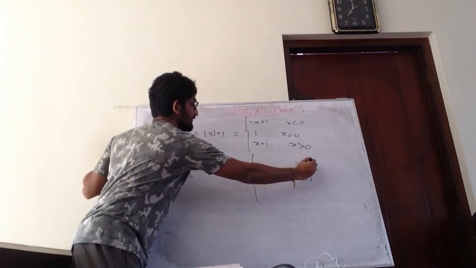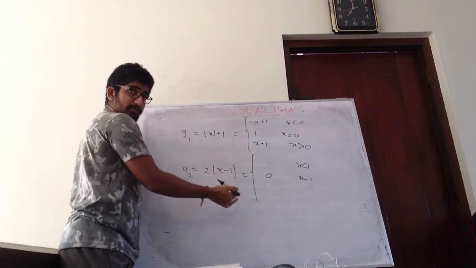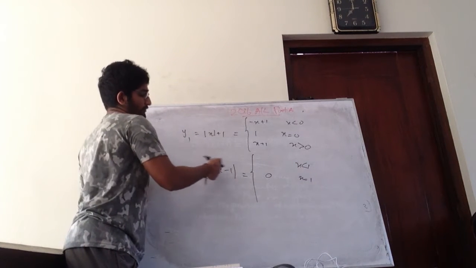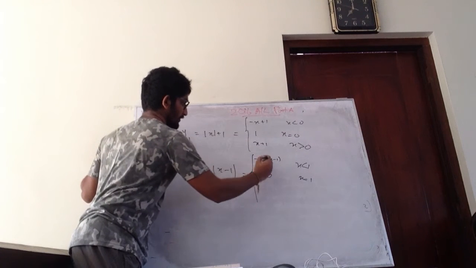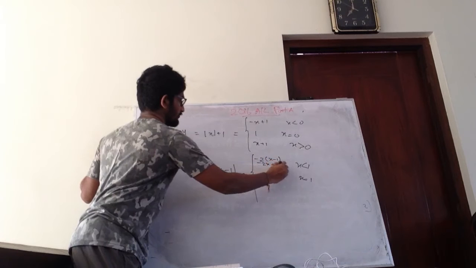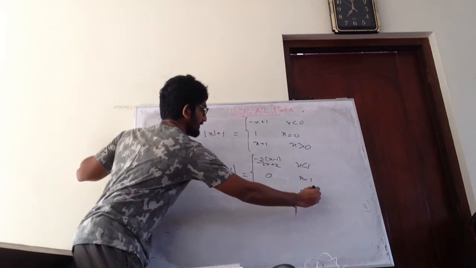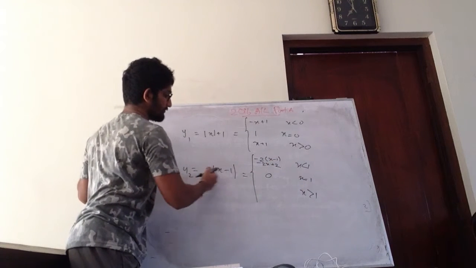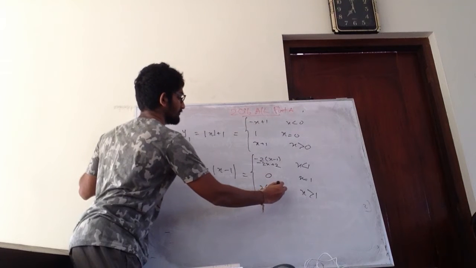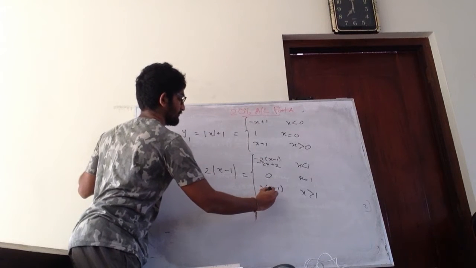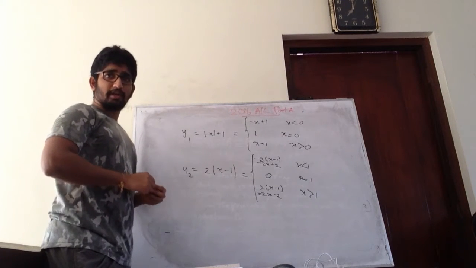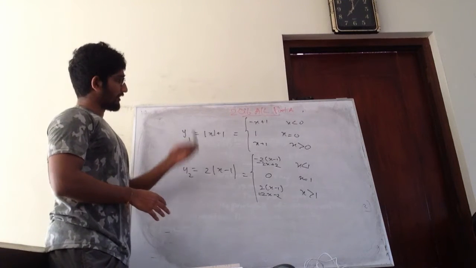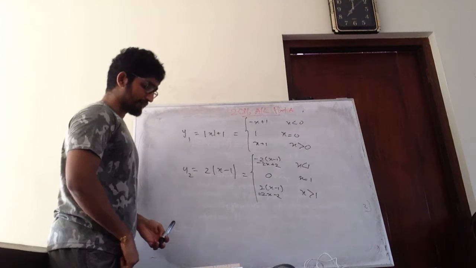When x is less than 1, this part should be plus, so we have to make this a minus 1. That is minus 2x plus 2. When x is greater than 1, you just put this. Correct, no? So now we have the basic form to write this down, no?